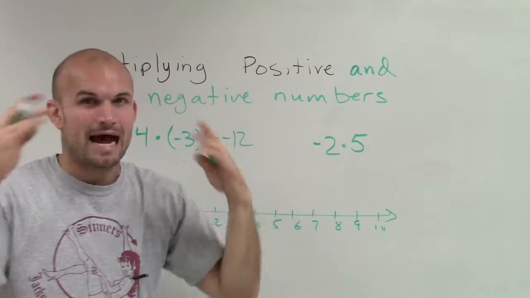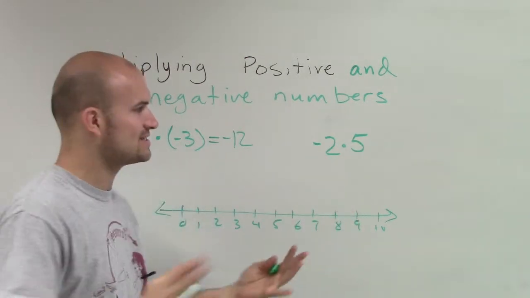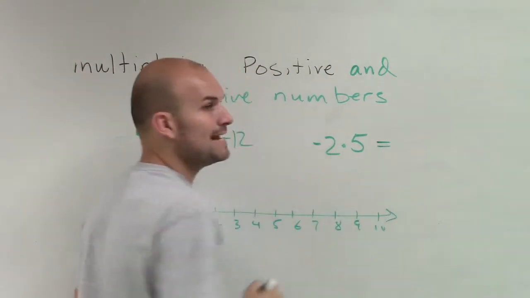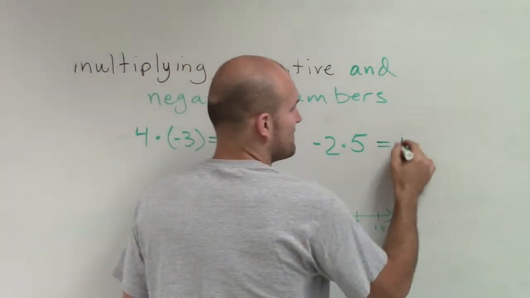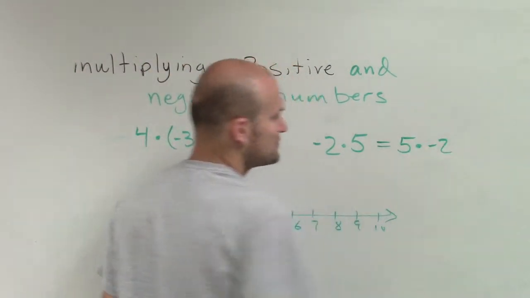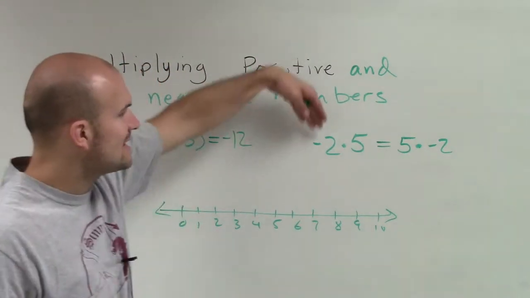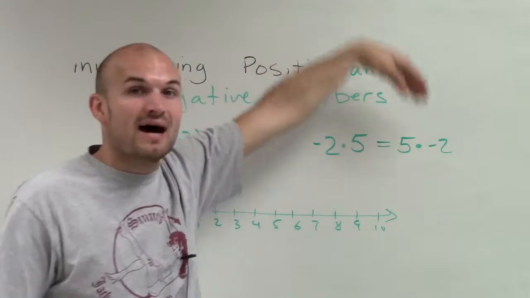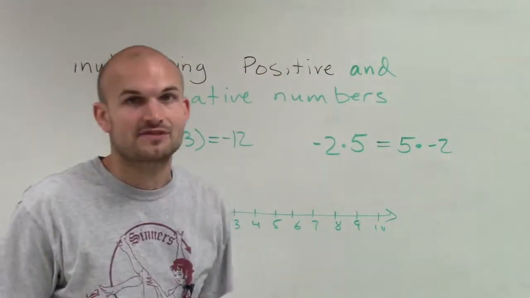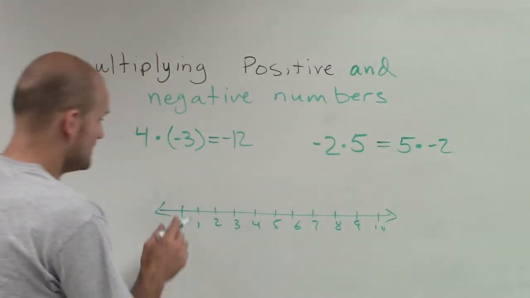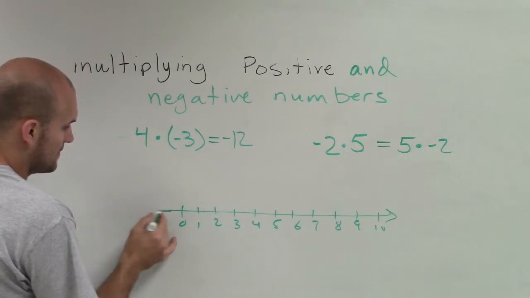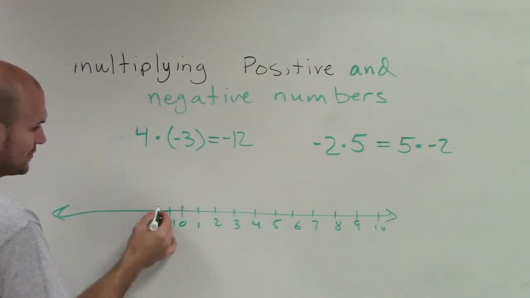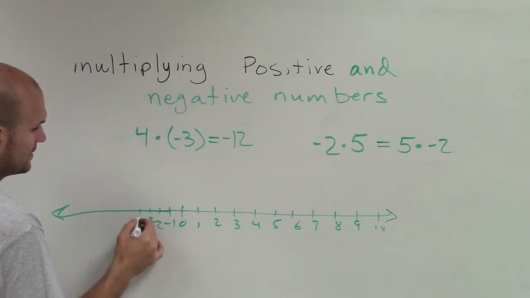So I'm not going to try to think about this and understand everything. I know that -2 times 5 is the same thing as 5 times -2, right? Rather than saying -2 sets of positive 5, let's say 5 positive sets of -2. I can do that. So now I'm going to have to go in this negative direction, -1, -2, -3.